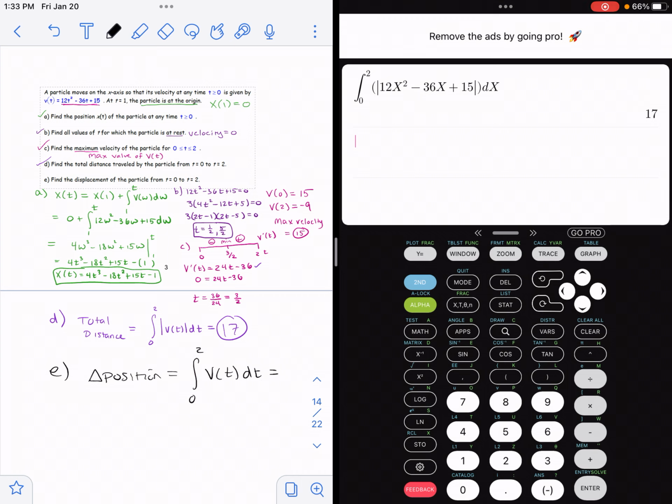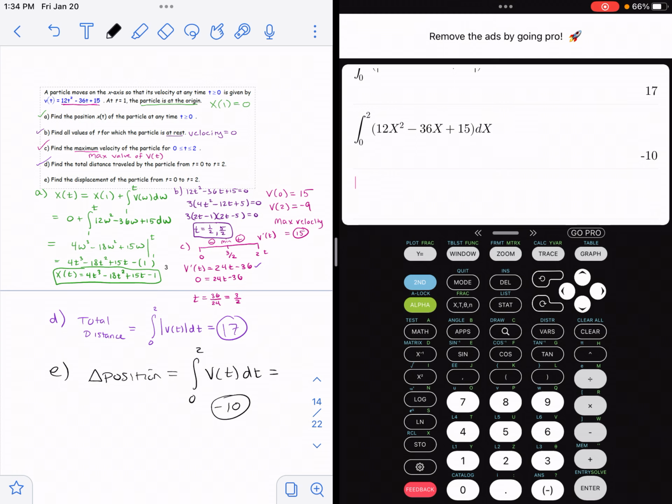It's got to collect net area or net change. So I'm going to duplicate this, and all I need to do is get rid of these absolute value bars, and it's the same structure. I might have to delete all this one by one. Okay, so I punch in 12x squared minus 36x plus 15, and I get negative 10.